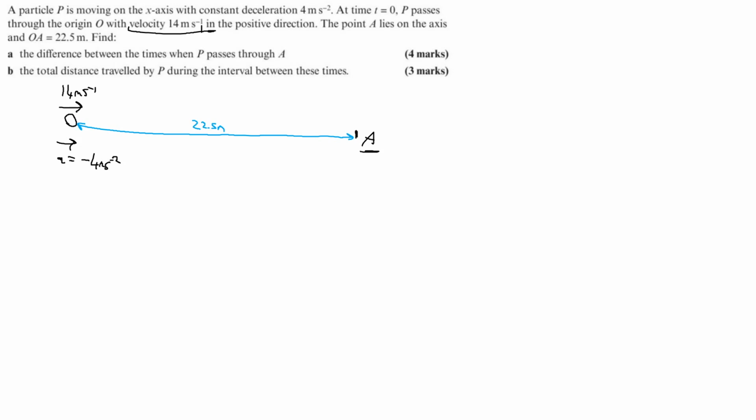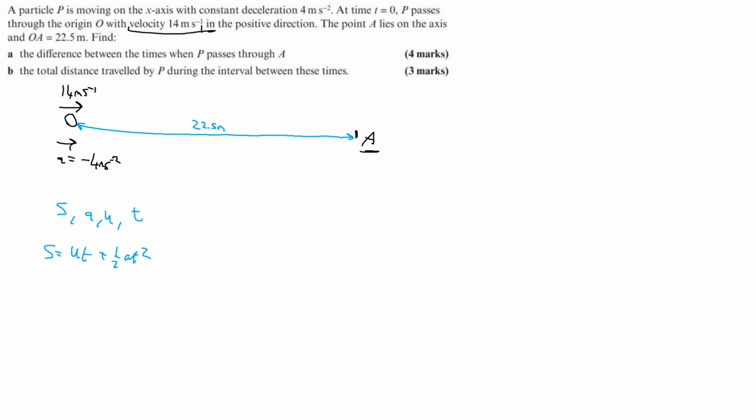So, what we're going to do is we're going to use the SUVAT equations, as we're looking for the time taken. What do we have? We have a distance, we have an acceleration, we have an initial velocity, and we're looking for time taken. So S is equal to ut plus a half at squared.